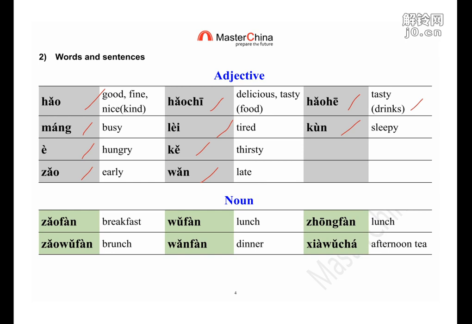Now let's get some words related to these adjectives. So if we have the early, moon, late, so we have some related to our meal. The time words also relate to our meal. So we have the rice before. It's 米饭, right? 米饭 is typical as the rice we eat in our meal.